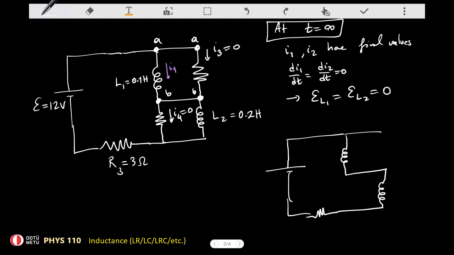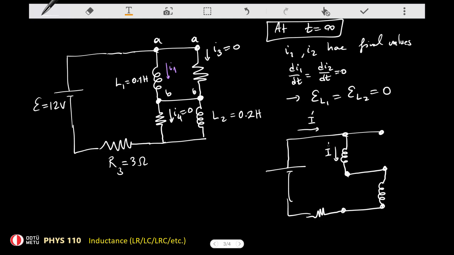There are some resistors over there, but since these 6 points all have the same potential, there cannot be any current flowing from this point to that point because there's a resistor over there. So that means, let me call the current in here I prime.